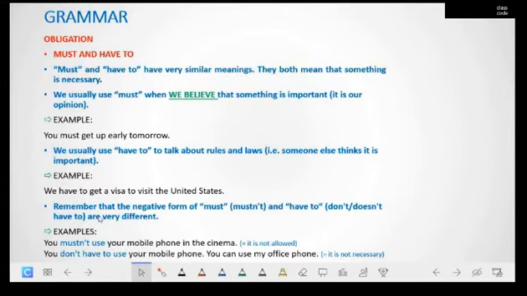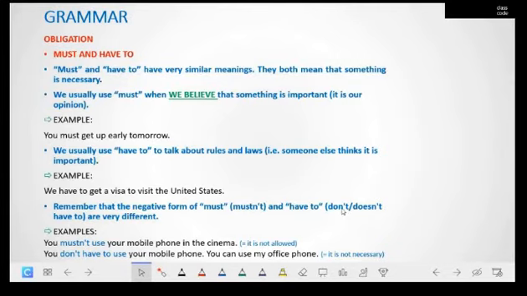Remember that the negative form of must is mustn't, and have to, don't or doesn't have to. So when it comes to must, the negative form is mustn't, but have to, we use don't with I, you, we, they, and doesn't with it, she, and he.